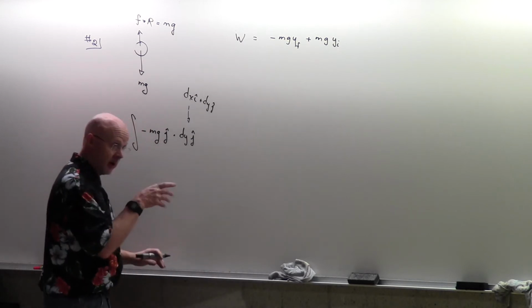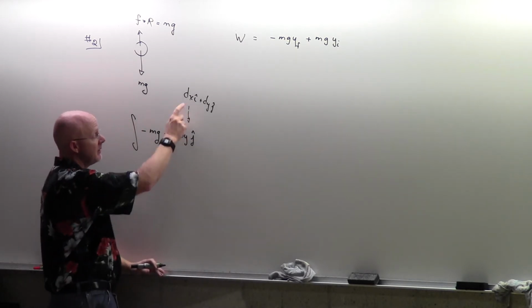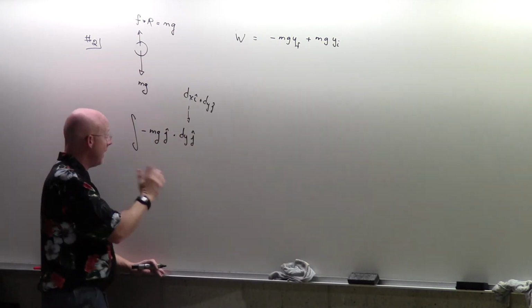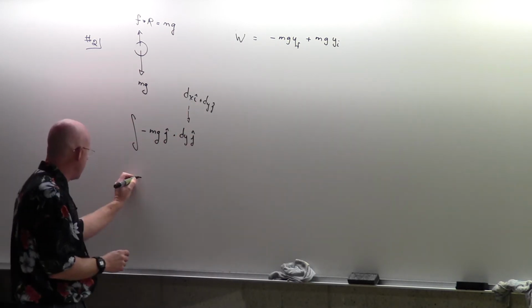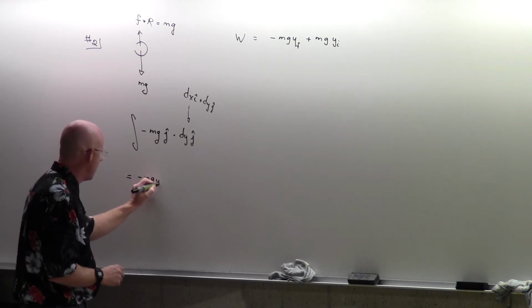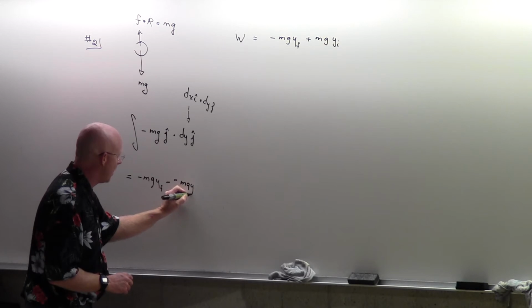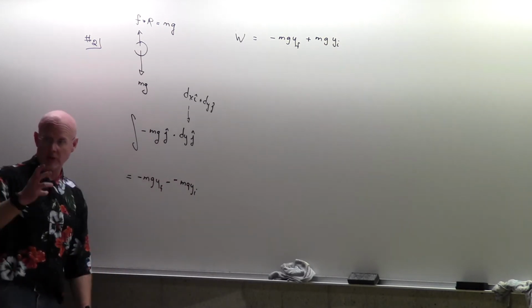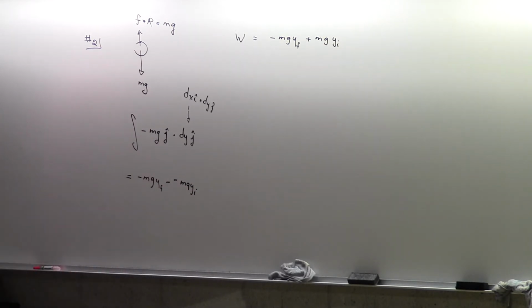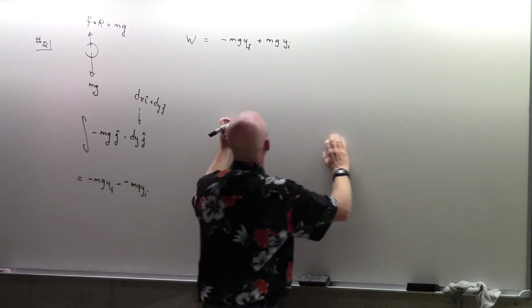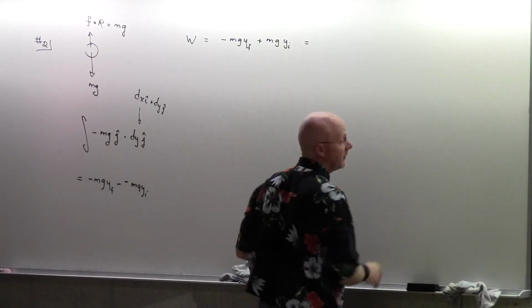But as we argued on Monday, the dot product made the i term, or the x term, go away, and we ended up with minus mgy final minus a negative mgy initial. And there I said I wouldn't do the integral again, and I just did it. Okay? But coming back to the end results here, I can then solve this.